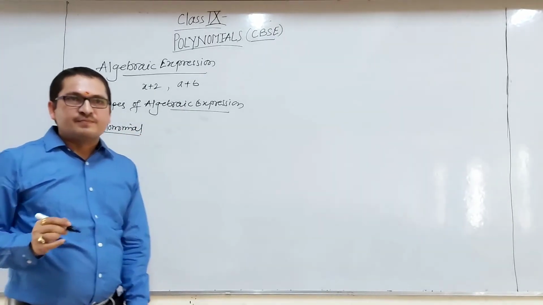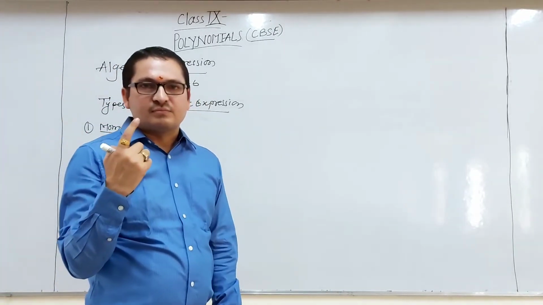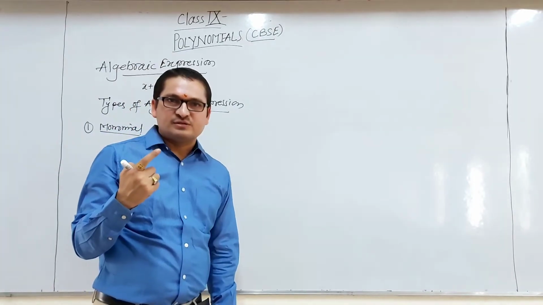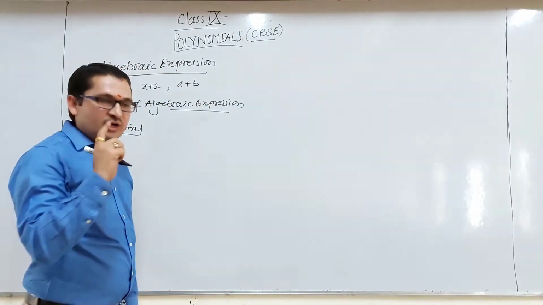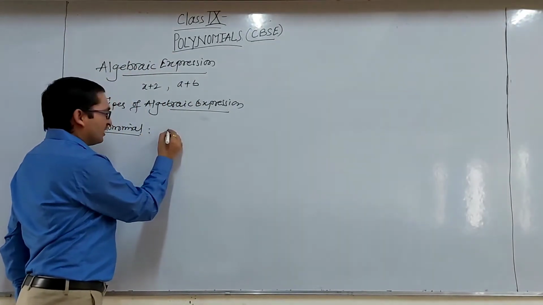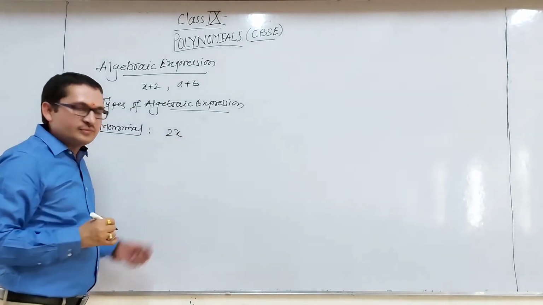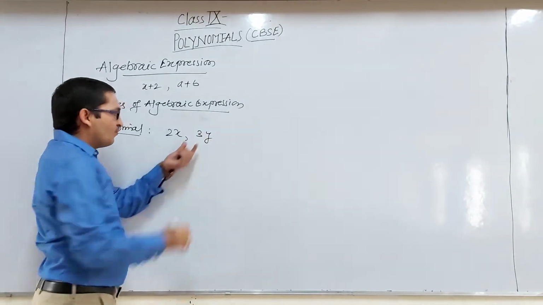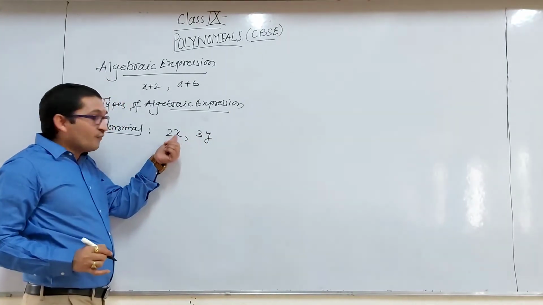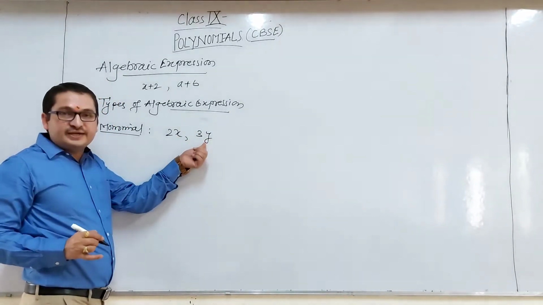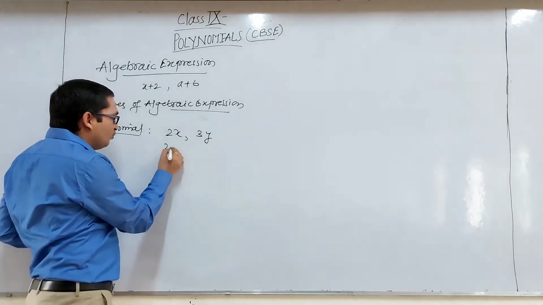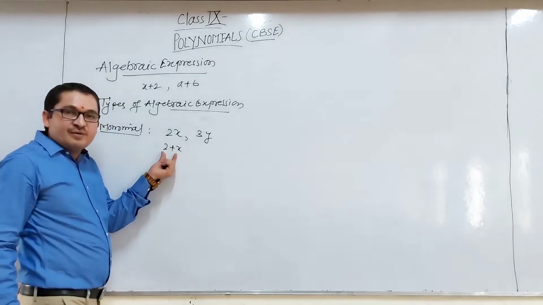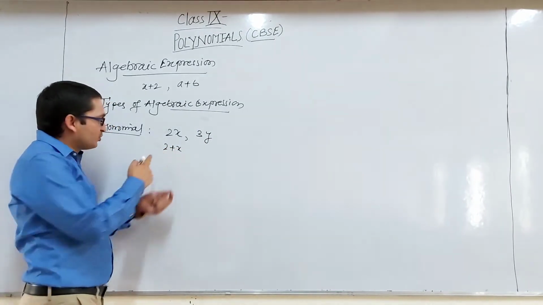Monomial means only one term, an algebraic expression having only one term. Suppose 2x, this is one term. 3y, one term. 2 is the coefficient of x, 3 is the coefficient of y. If you write 2 plus x, then it will be binomial, 2 terms over there.